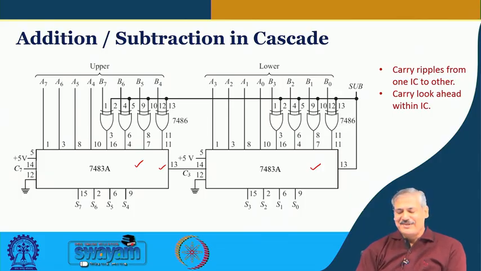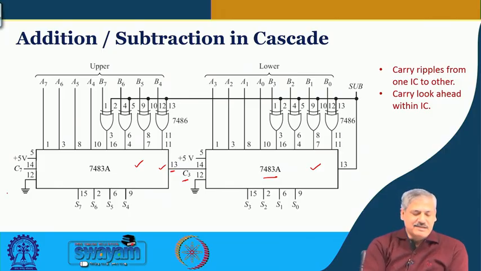This is nothing but a mode similar to ripple carry addition, is it not? So, the carry input of the more significant bits will be waiting for C3 to get generated from the previous stage, which will require 3 tau.